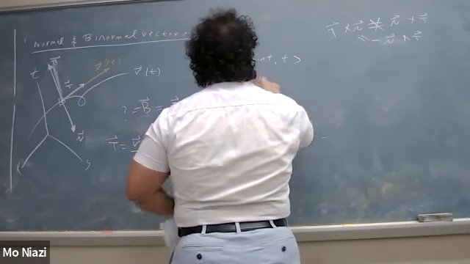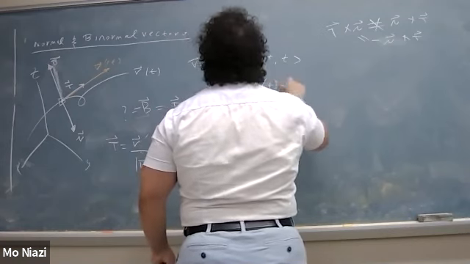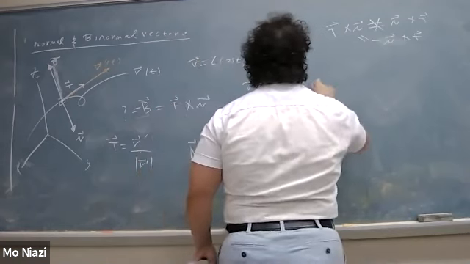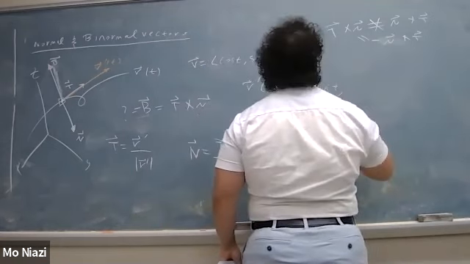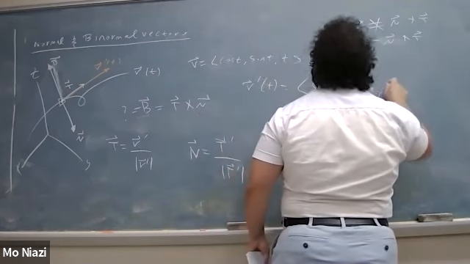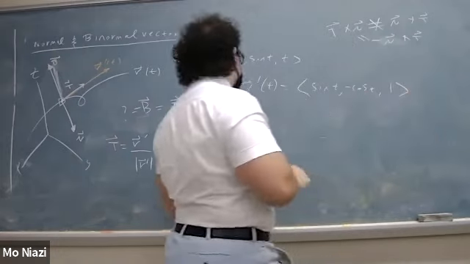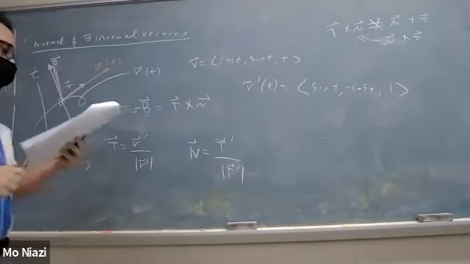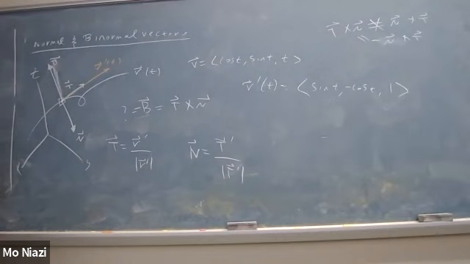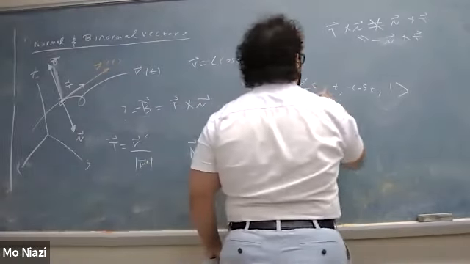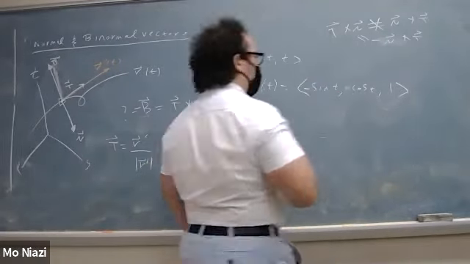So notice that r prime of t is the derivative of this guy. Derivative of cosine is negative sine. Derivative of sine is cosine.